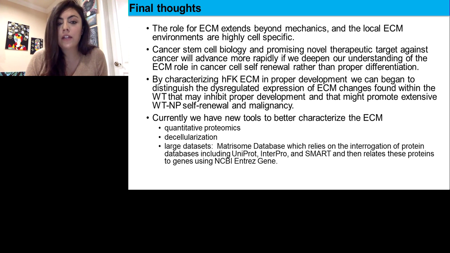And we could do this by looking at the human fetal kidney nephron progenitors and comparing them to the Wilms tumor nephron progenitors. Currently, we are lucky to have new tools and new technologies constantly. We could characterize the extracellular matrix in different ways, such as quantitative proteomics. We could do decellularization. And we also have large data sets now that we could rely on to identify what the extracellular matrix composition should be for each organ.